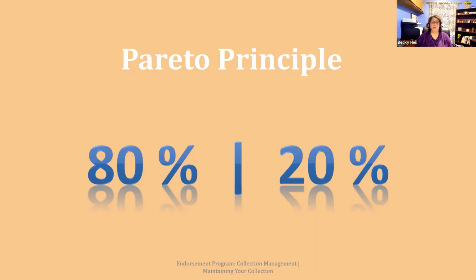What this might mean in terms of collections is that 20% of your books account for 80% of your circulation. Or it might be something like 20% of Americans account for 80% of the reading that is done. Think about what this means as you're looking at buying materials.